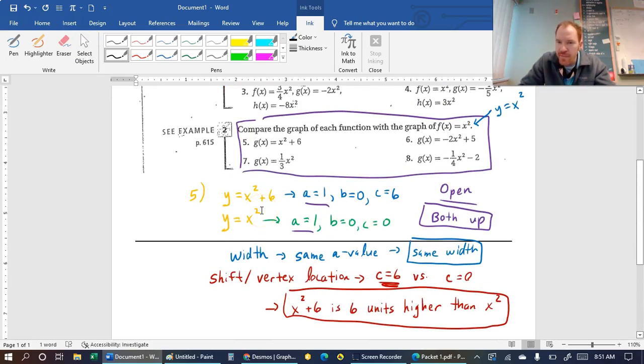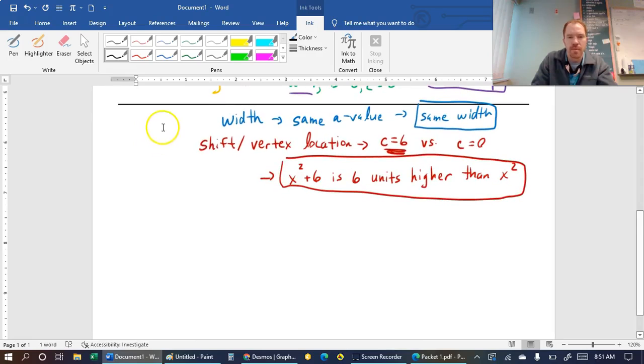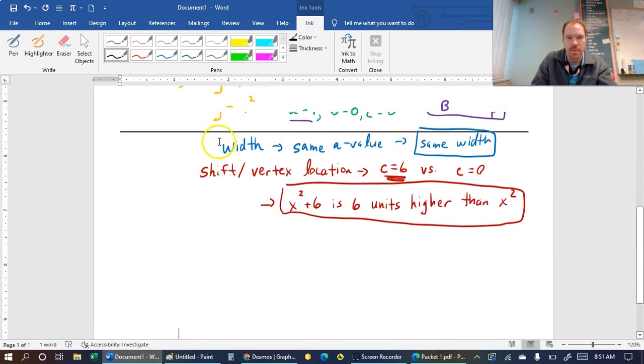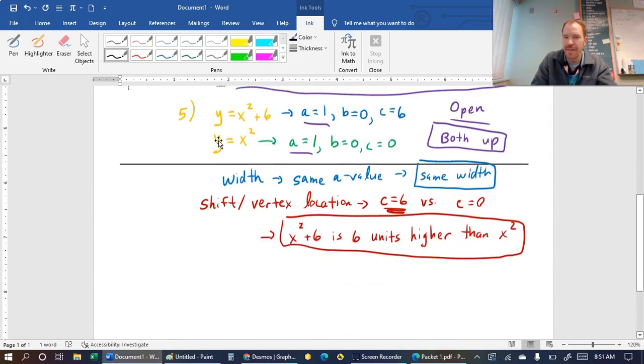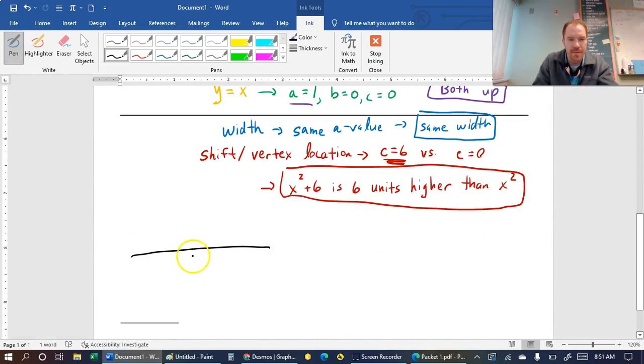G of x equals negative 1/4 x squared minus 2. So again, if you want, you can call this y equals.